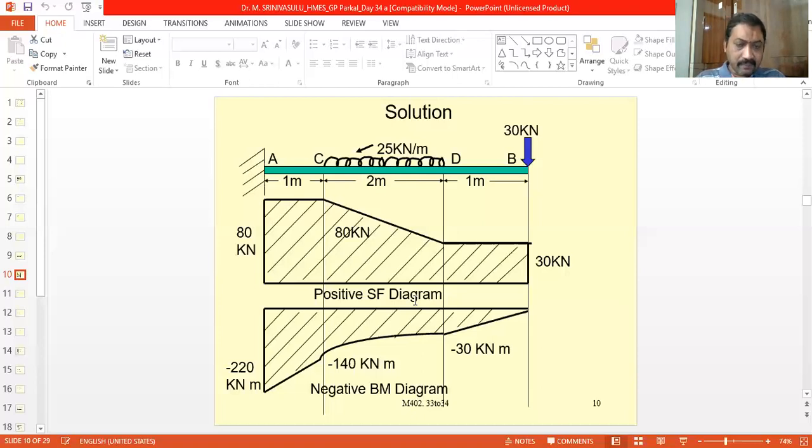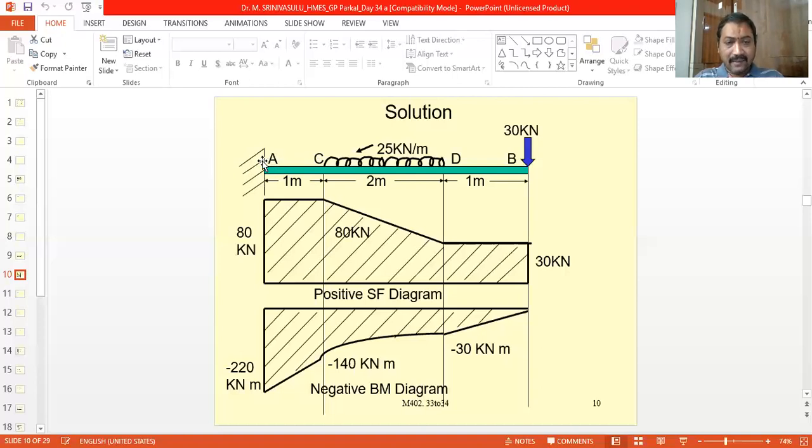Now coming to the point A, to find the shear force at point A. There is no force acting between the points C and A, so whatever load acts up to C continues up to point A also.